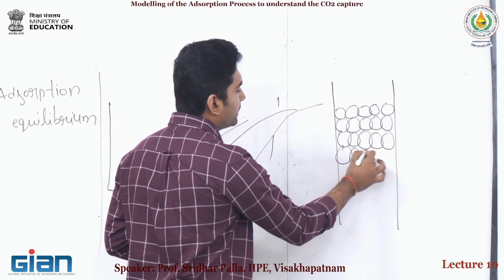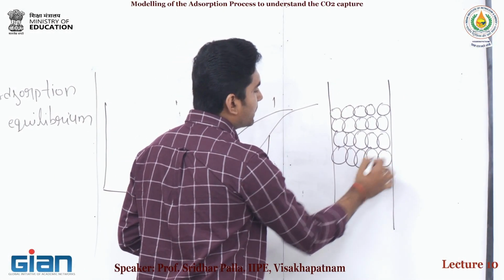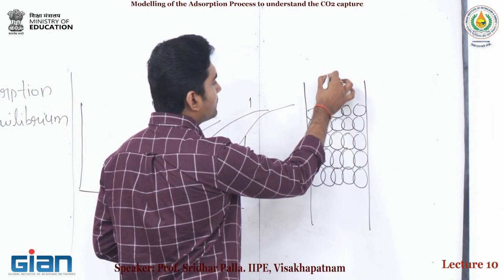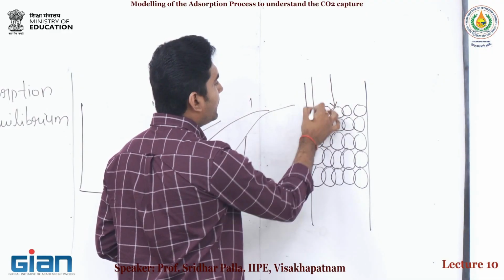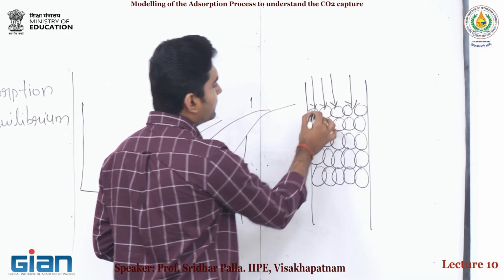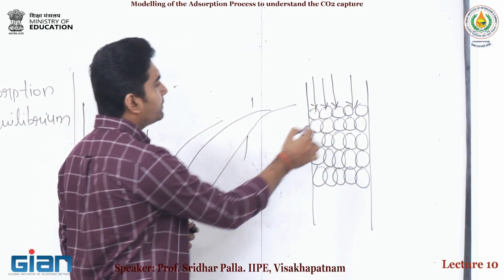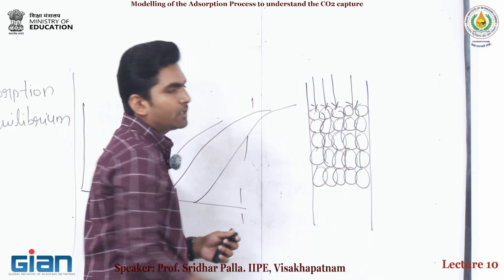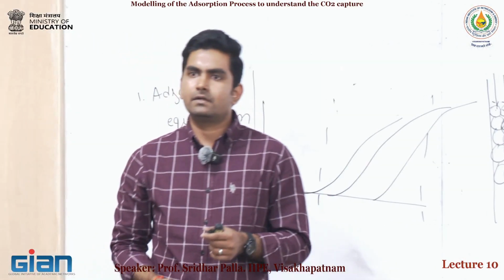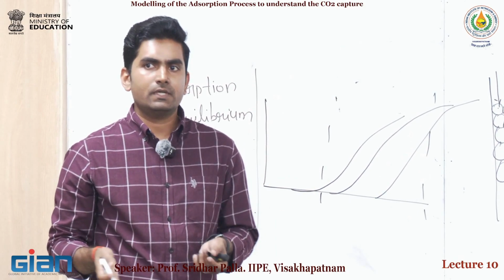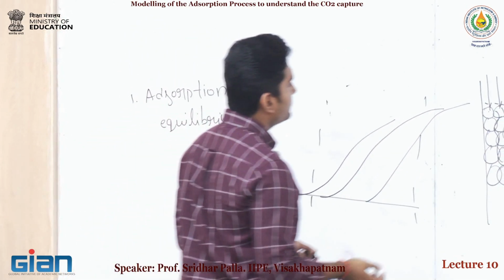It could be metal organic frameworks, carbons, zeolites. When the gas molecules come in contact with the adsorbents, it releases heat. The heat is supposed to distribute equally. If the thermal conductivity is very good, then the heat will distribute rapidly throughout the bed, and then the isothermal assumption we can consider.